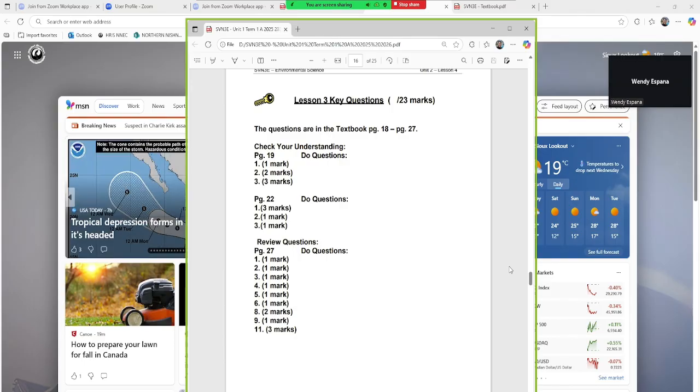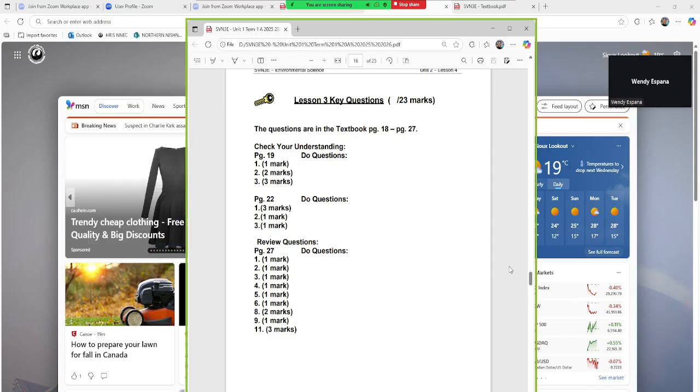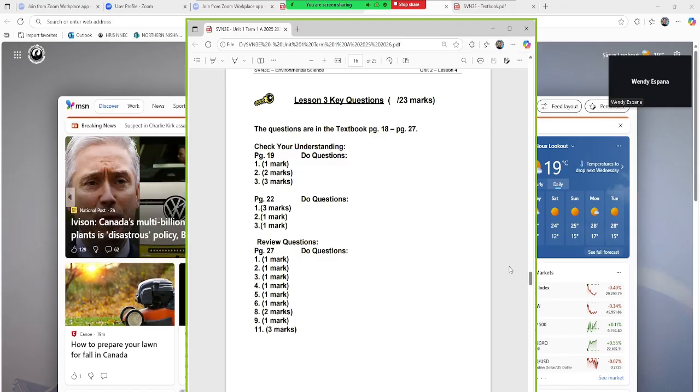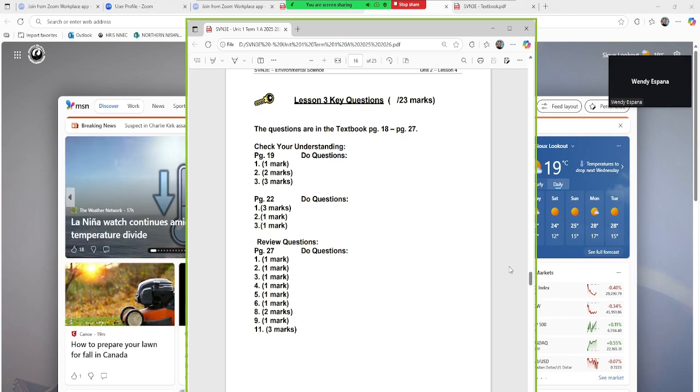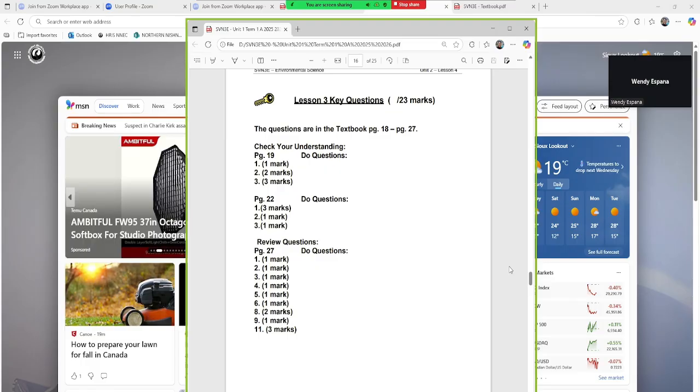You need to get out lined paper, or you can also use your laptop or computer and type them out. You don't need to write the question first. You can just write the answer. However, make really clear what questions they are. So you would write at the top of your page, lesson 3 key questions.